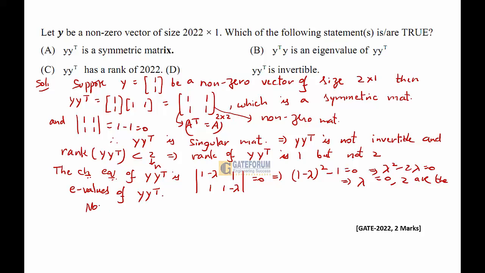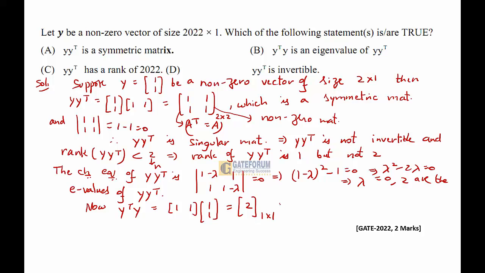Now Y transpose into Y. The column matrix transpose becomes a row matrix, into this Y, a column matrix. So you get first row into first column, one element only, 1 into 1 plus 1 into 1, 2. So this is a 1 cross 1 matrix.